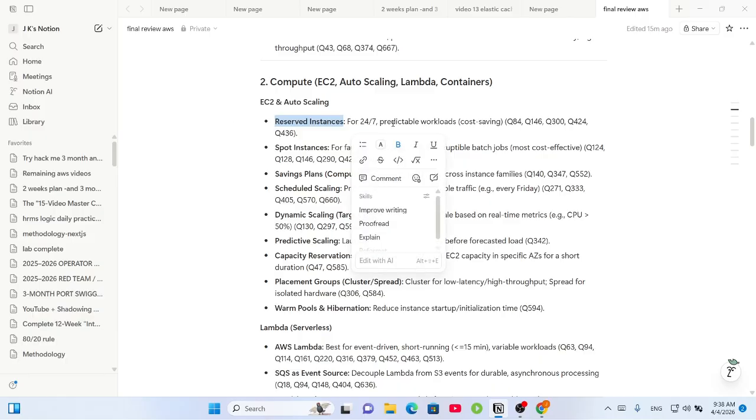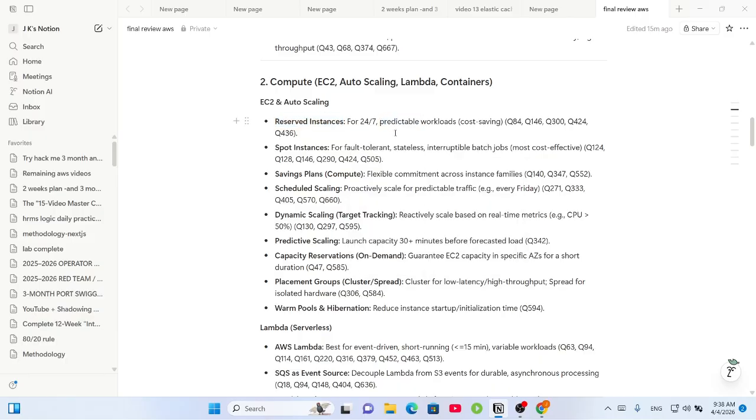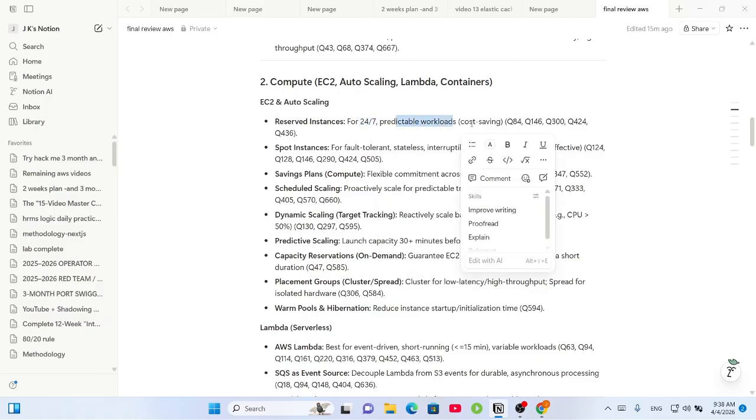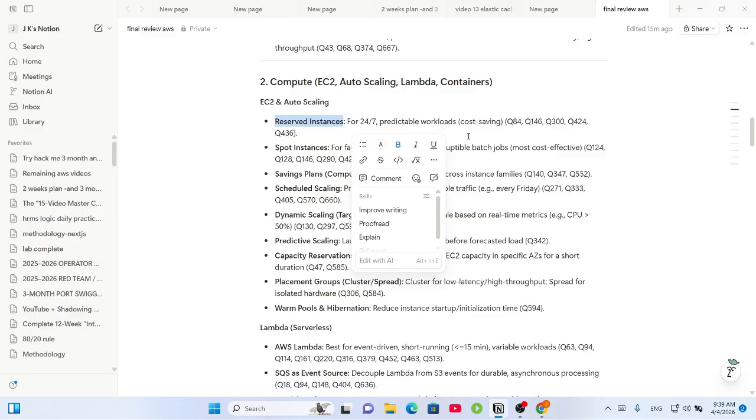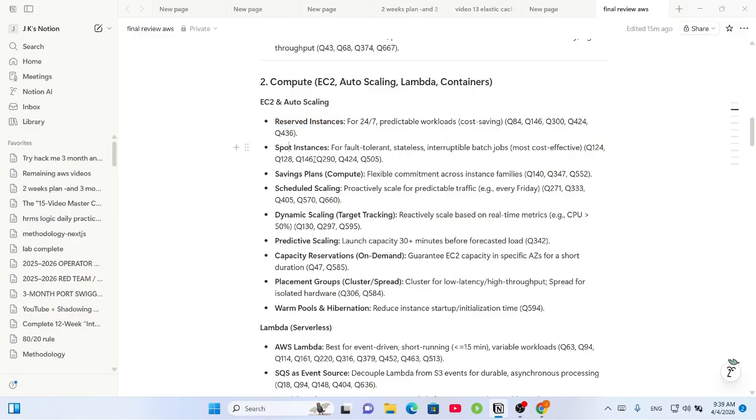Yeah, obviously. Let's say we have an instance that we're using like 24/7 and the workload is predictable. So it's better to use just reserved instances, right? And if you have fault tolerant and stateless interruptible batch jobs, most cost effective is spot instances.